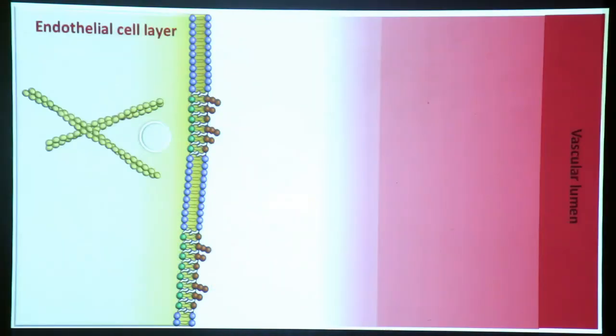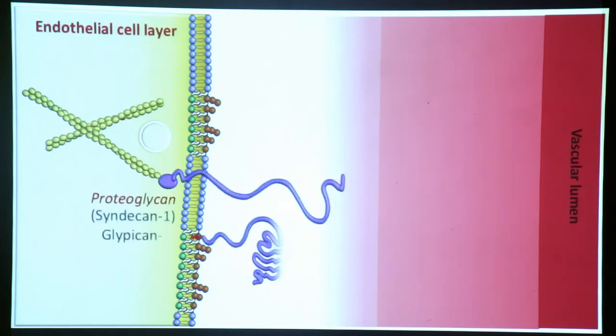Now let's go to a little more detail. Kindly bear with me, because these are important things if you want to understand the function of the glycocalyx. It has taken a long time to draw these diagrams and animate them. So the glycocalyx is made up of two structures. One is a proteoglycan, which is a core protein, and it is specific because it has a number of side chains.